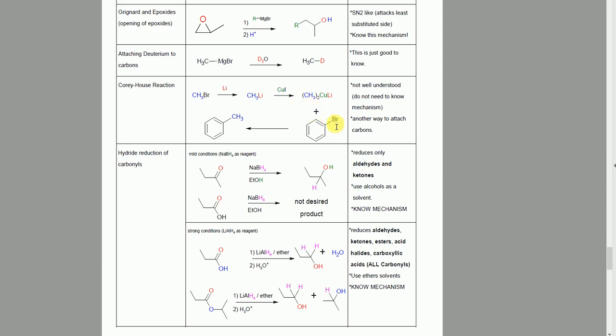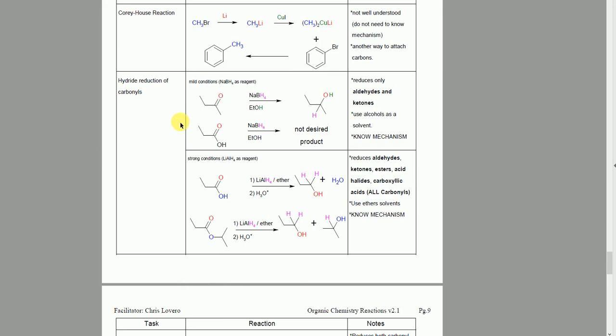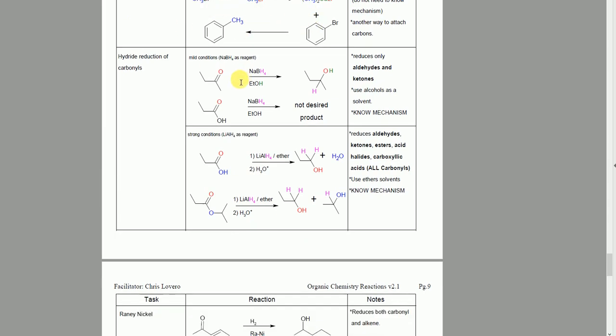So I would attach one of these CH3 groups. So it's just a way to attach the CH3. It's very strange, very weird, but it's just one of these random reaction sequences that you have to, I guess, memorize. Just be familiar with this, okay?